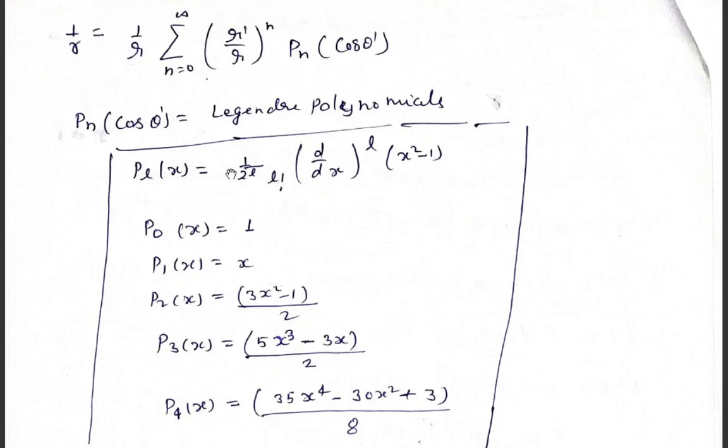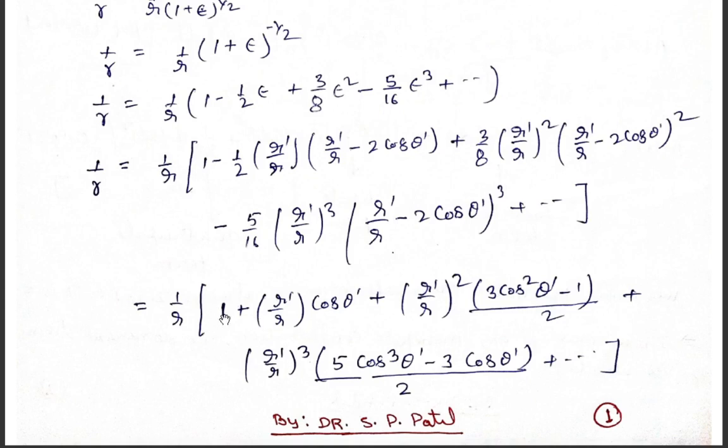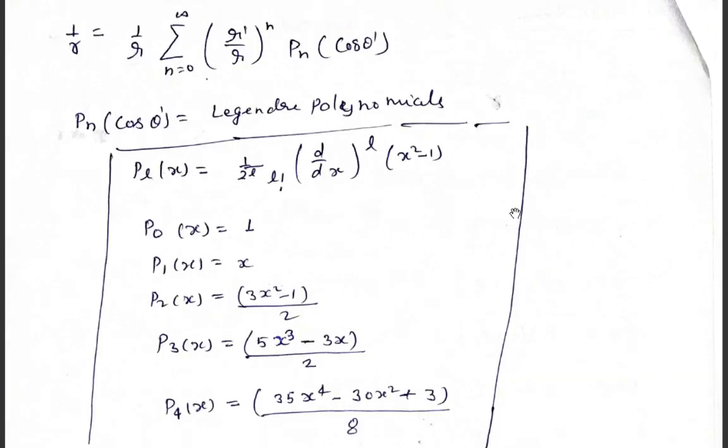If you substitute L equal to 0, that will give P0(x), and what will we get? We will get 1. Similarly, if you substitute n equal to 0 here, P0 cos theta prime will obviously be equal to 1. If you go back to the present case, the first term is 1. That means whatever Legendre polynomials we have assumed is consistent with our assumption.